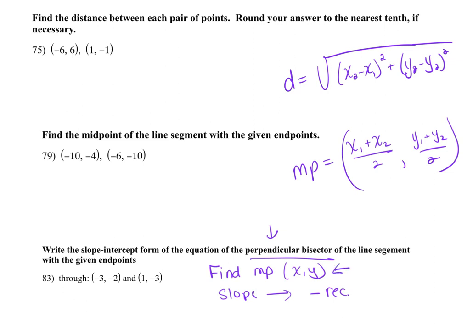So you're going to find your point using your midpoint. You're going to find your slope between the 2 points, but it's negative reciprocal because it's the perpendicular bisector. And then you can go all the way back to your point slope that we used and find your equation with this point and this slope. So you're kind of combining everything when you do that particular type of problem.